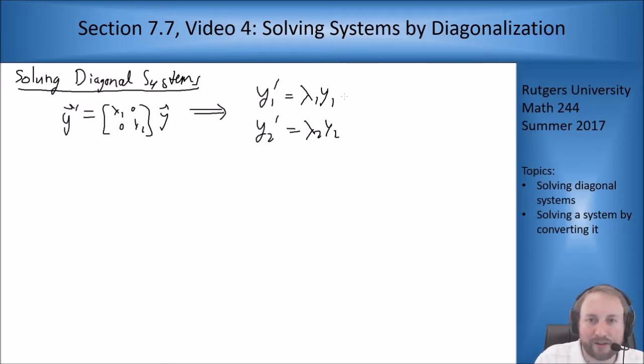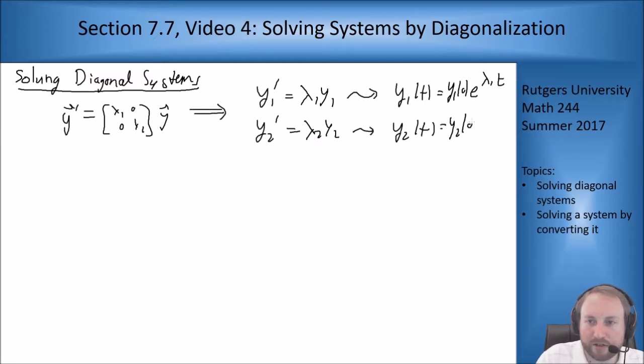And then we could just solve these directly using normal first order methods. y1 of t equals y1 of 0 times e to the lambda 1 t, and y2 of t equals y2 of 0 times e to the lambda 2 t. That's just how we solve this ODE like we did at the very beginning of this course.